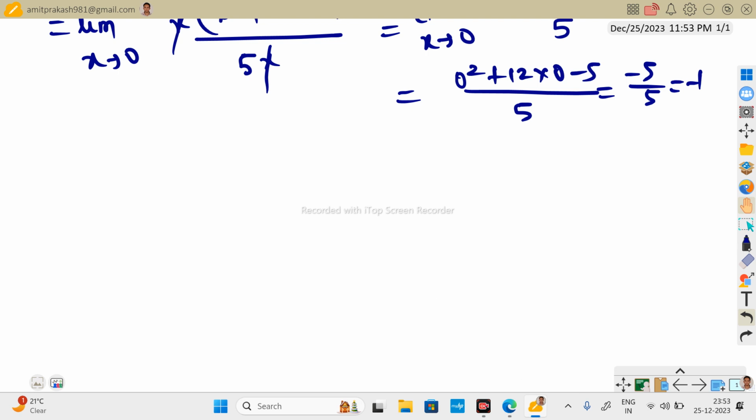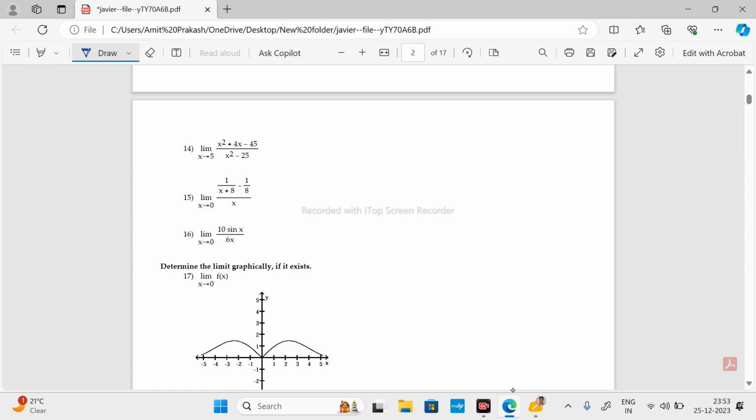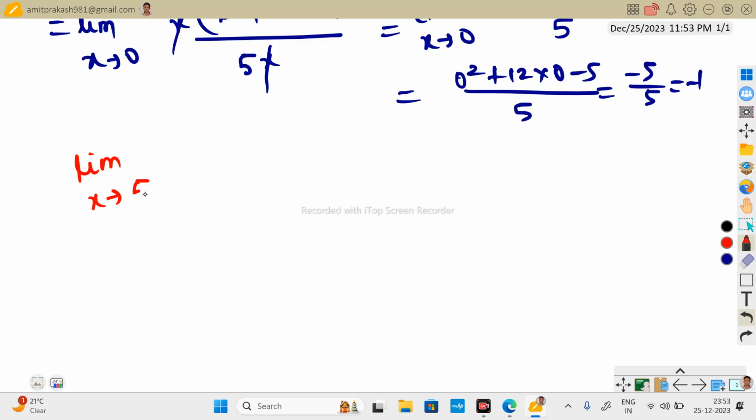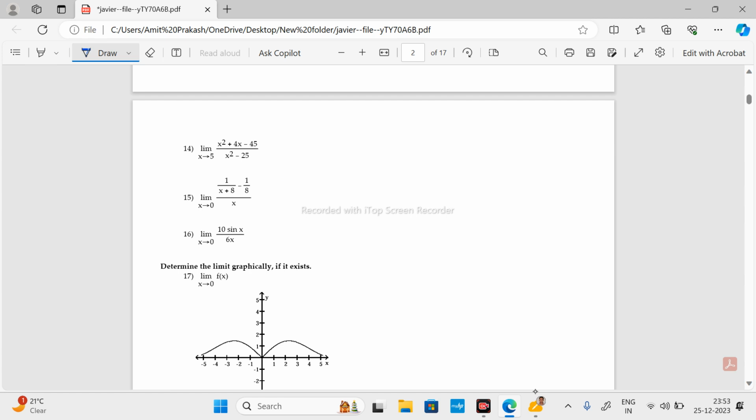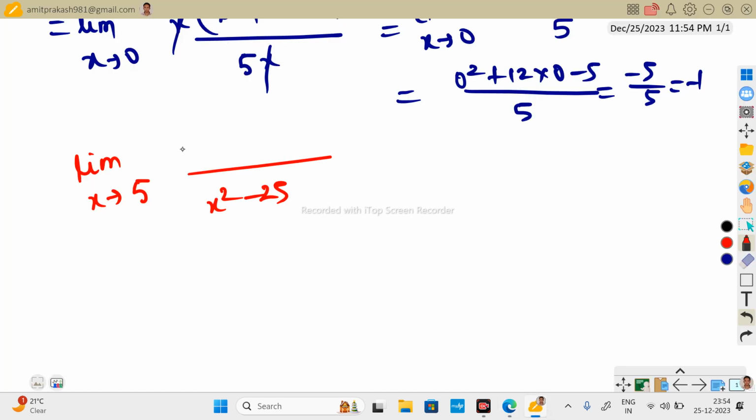So the given limit is limit x tends to 5 of x square plus 4x minus 45 upon x square minus 25.